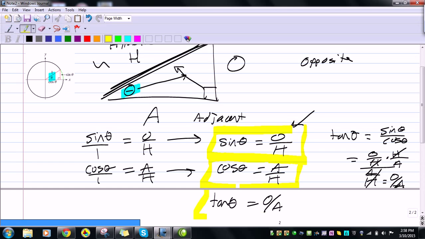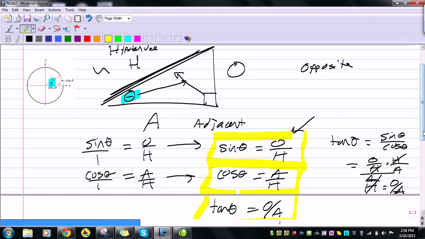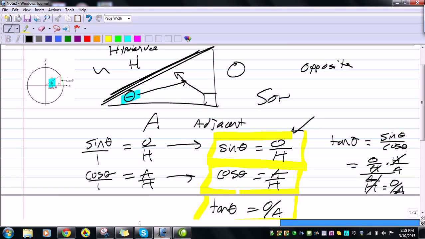Okay? So those three relationships, sine of an angle, cosine of an angle, tangent of an angle, now pertain to any triangle as long as it's right, not just the unit circle. And this we affectionately refer to as SOH CAH TOA. The SOH part reminds us that sine equals opposite over hypotenuse.